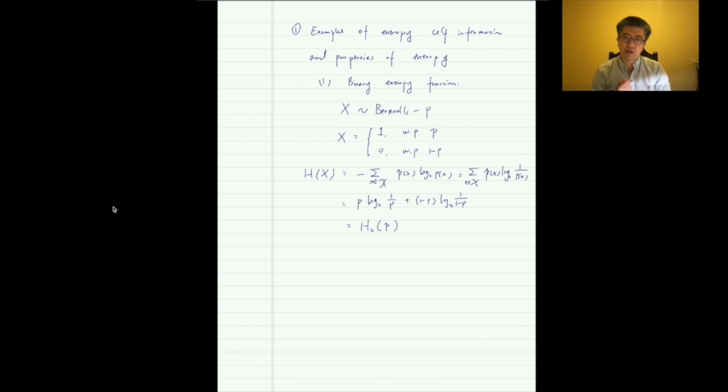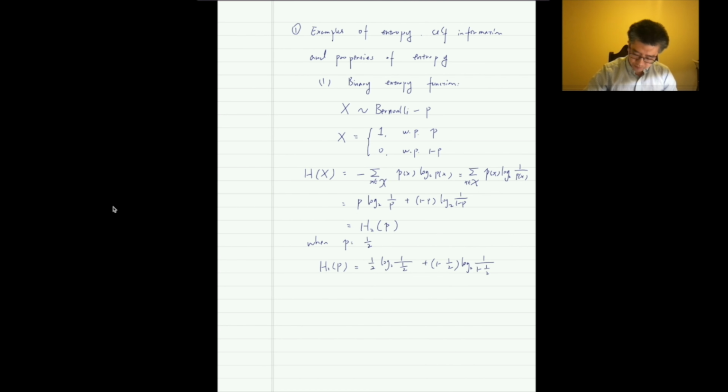Okay, so now let's plug some explicit value inside. Let's say when p is half, let's see what the value is. That equals half log 2 of 1 over half plus 1 minus half times log 2 of 1 over 1 minus half.